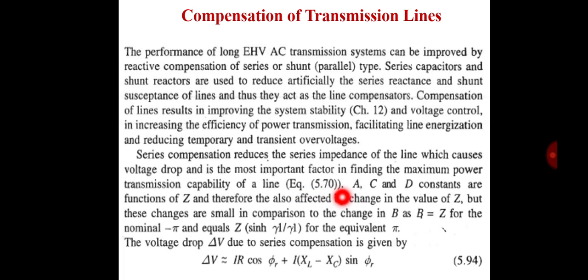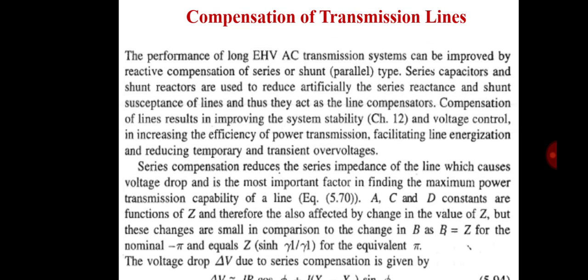That means A, C and D constants are function of Z and therefore also affected by changes in the value of Z. But these changes are small in comparison to change in beta, as beta is equal to Z for the nominal pi and equal to Z sinh gamma L divided by gamma L for the equivalent pi.